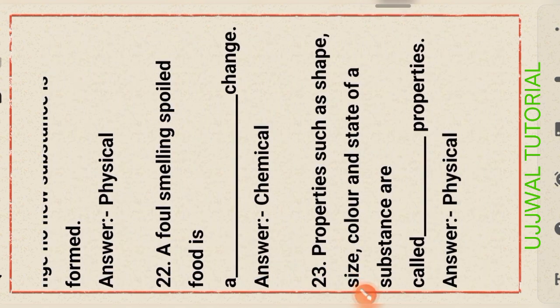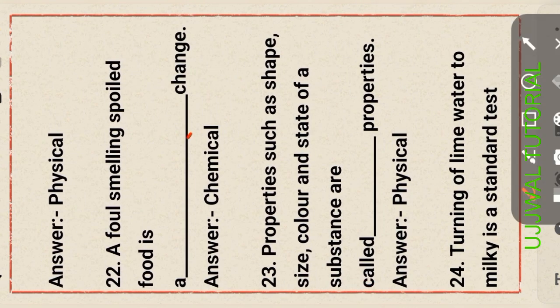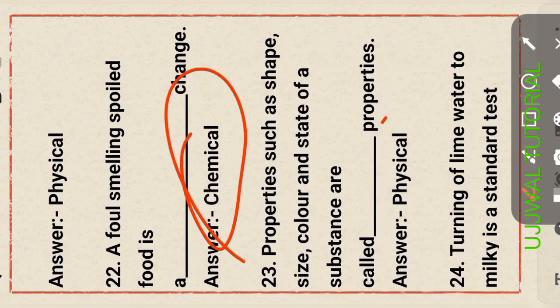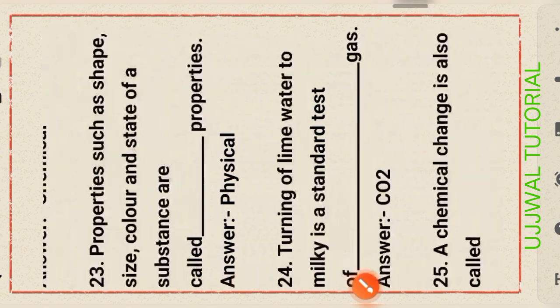Next question number 22. A foul smelling spoiled food is a chemical change. Next question. Properties such as shape, size, color, and state of a substance are called physical properties. Next question.